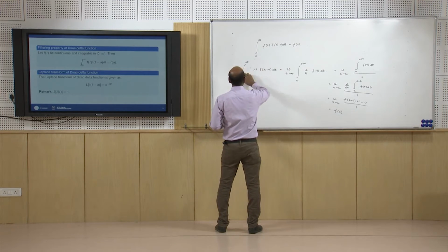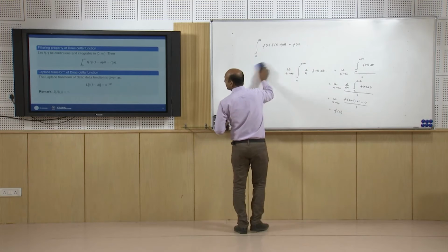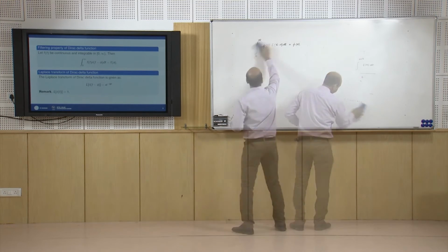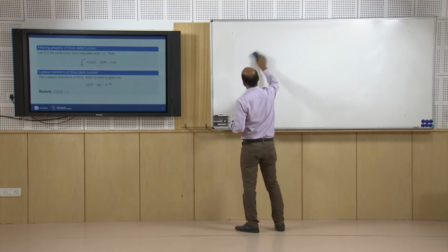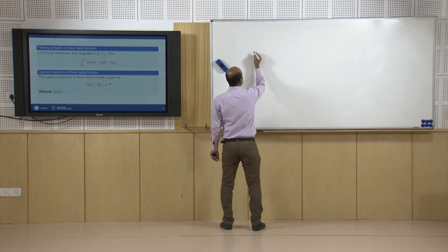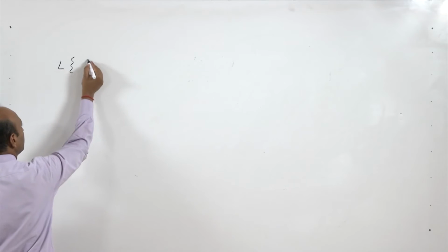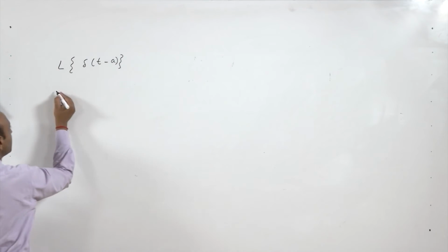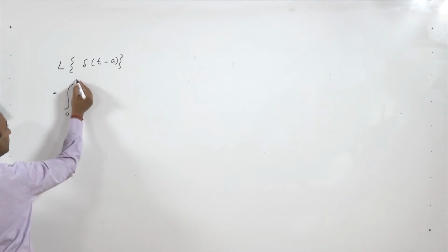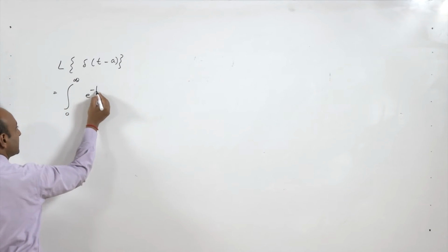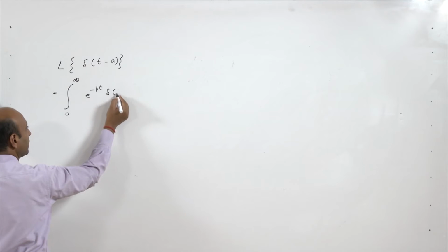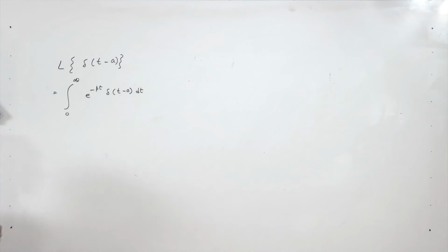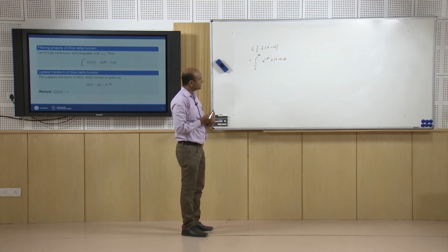The next property of Dirac delta is that the Laplace transform of Dirac delta is nothing but e to the power minus ap. So, Laplace transform of Dirac delta function is nothing but integral 0 to infinity e to the power minus pt Dirac delta of (t minus a) dt, by definition of Laplace transform.